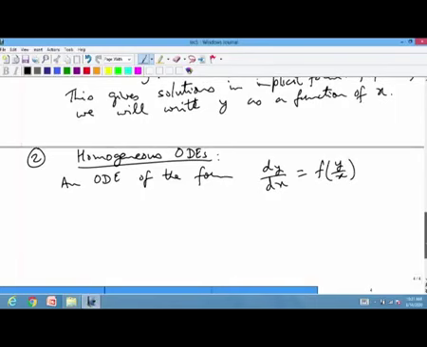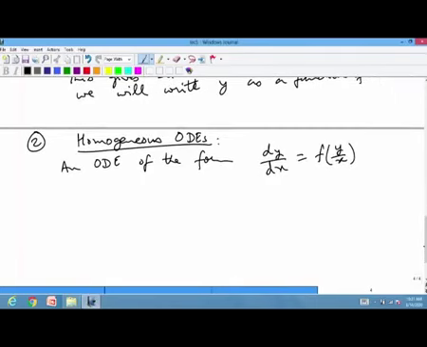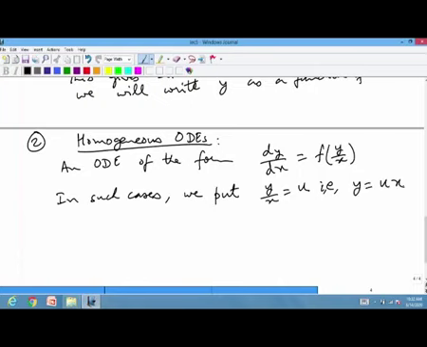So, if I can write the equation in this form where the derivative dy dx is some function of y by x, then in such cases we can solve this by substituting y by x equal to a new variable u, that is y is equal to u x.